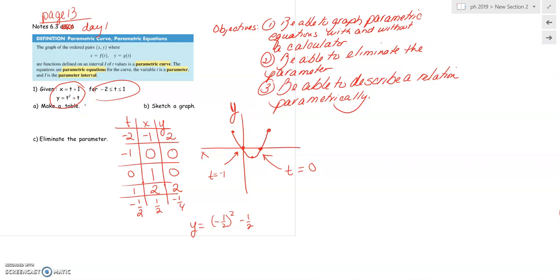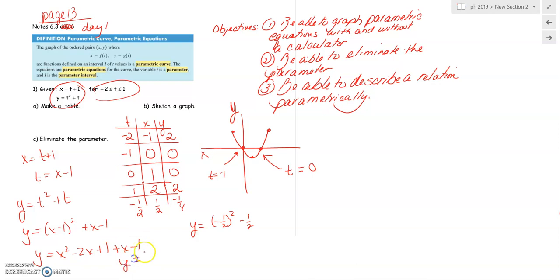So we're going to eliminate the parameter. So of the two equations, pick one to get the t by itself. That would certainly be the x equation. And then take your other equation, and everywhere you see a t, replace it with x minus 1. So now we just eliminated the parameter because we have y in terms of x.